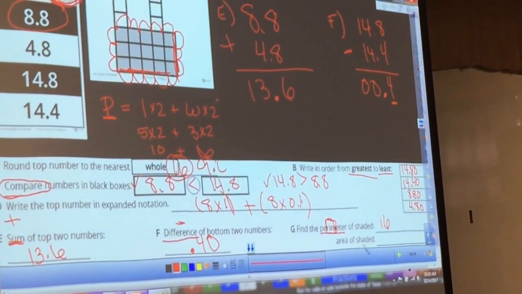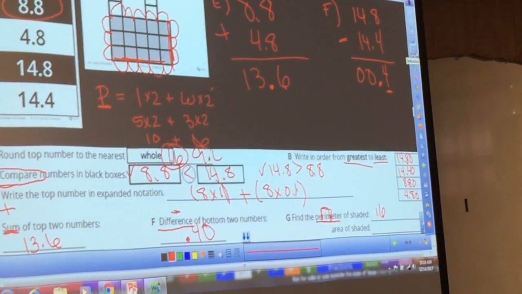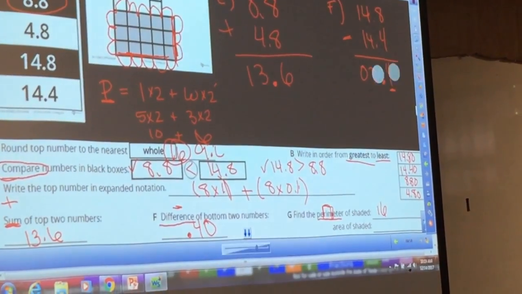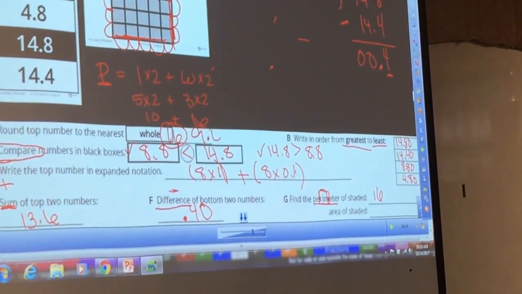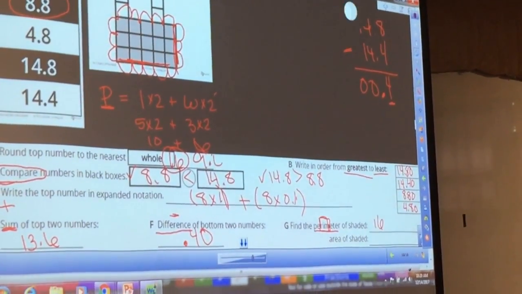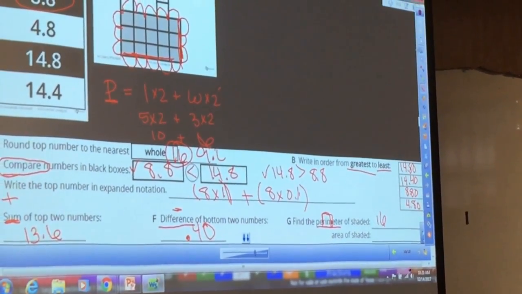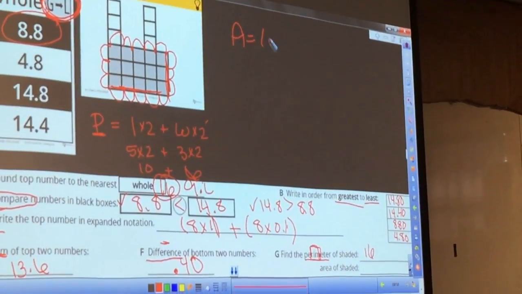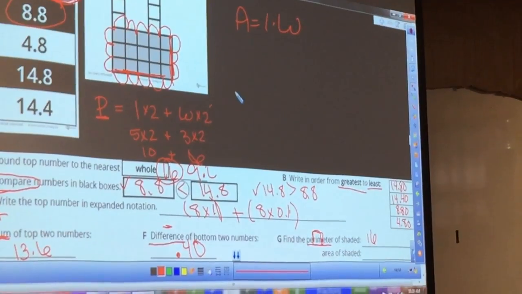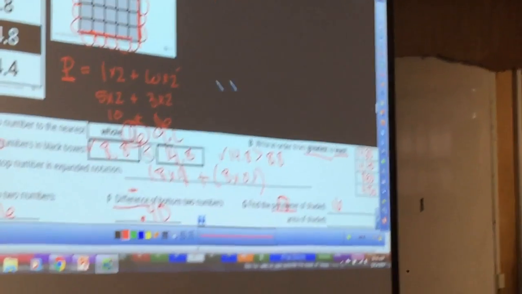Okay? So my next one is area of the shaded. Since I had a beautiful formula given to me by Kaylin, Kaylin, what is the formula that I would use to find area? You said it a while ago. Length times width. Area equals length times width. What other way, if I don't understand formulas, what other way could I get that?